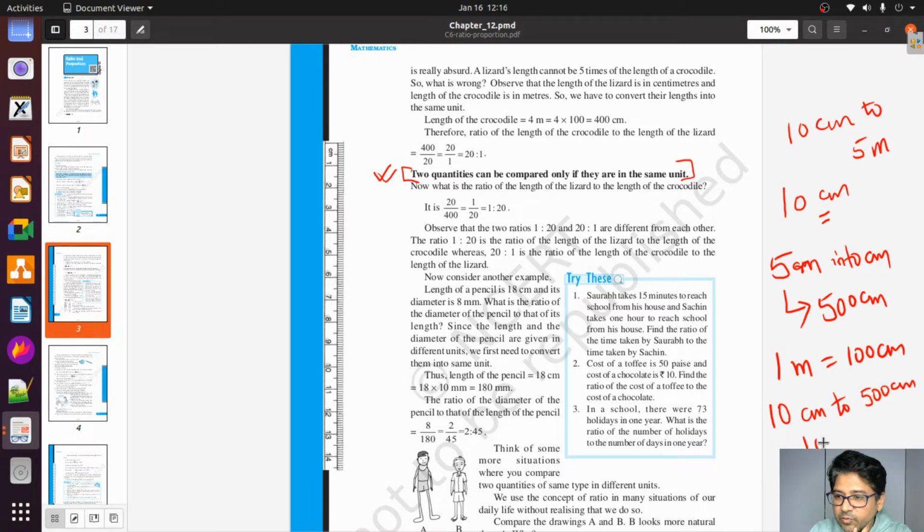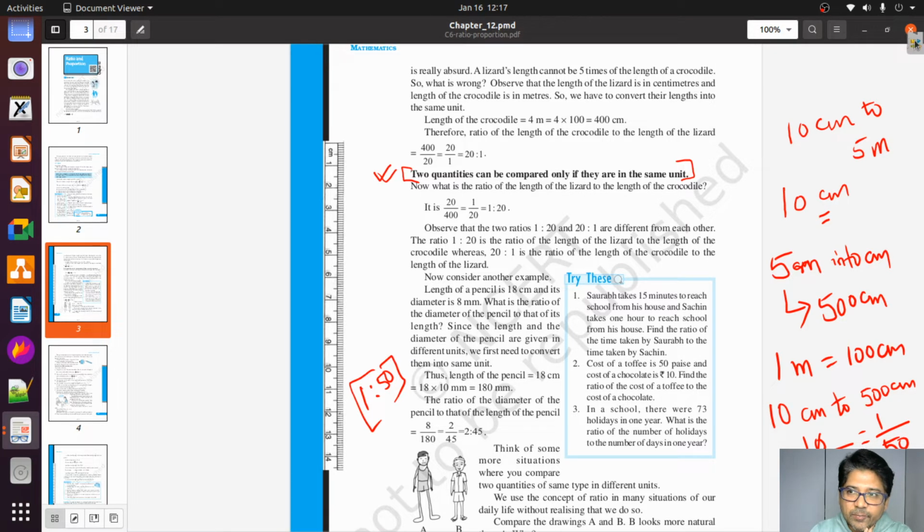Then 10 is to 500, cancel, and that's the lowest form of the ratio, which is 1 is to 50. Clear?